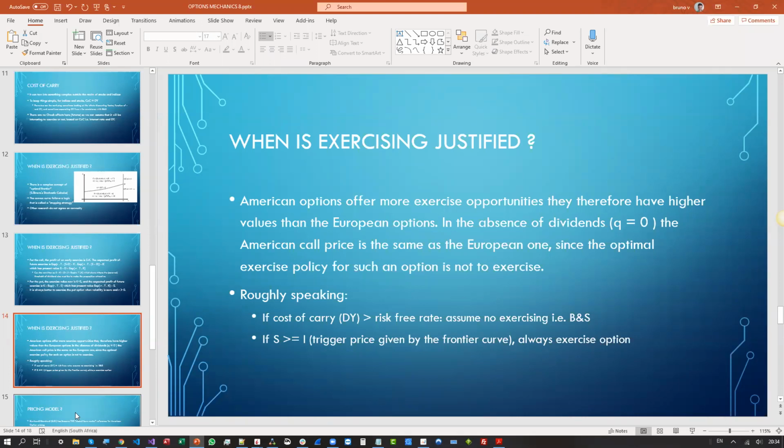And at the moment, because we live in a very low interest rate environment, that also speaks for itself.